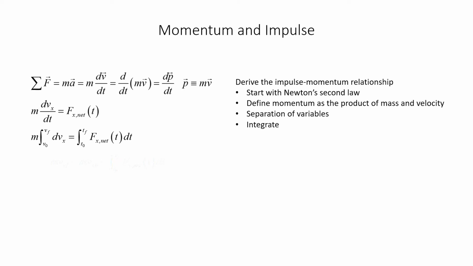We bring the dt to the right and then integrate. For the left side of the equation, this is an easy integral to do. We just have mvx final minus mvx zero equals the integral from t0 to t final of the net force dt.